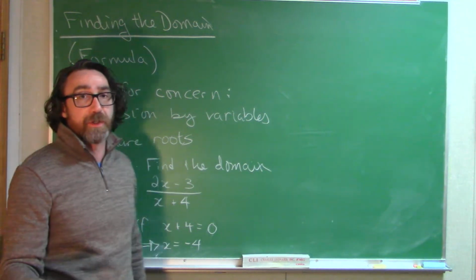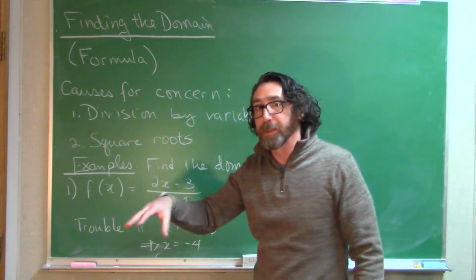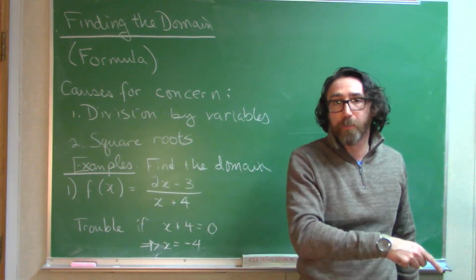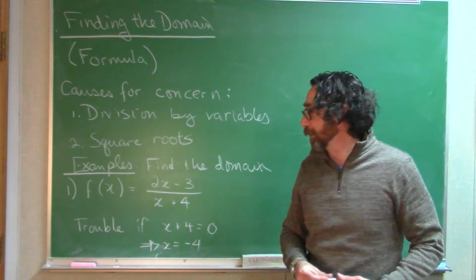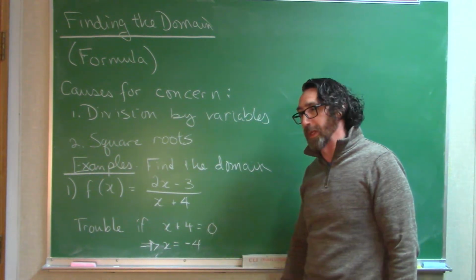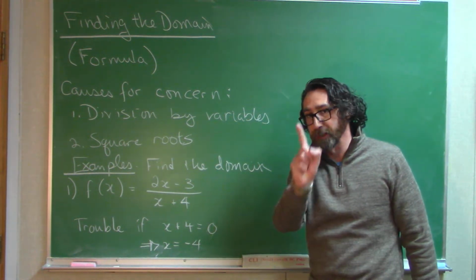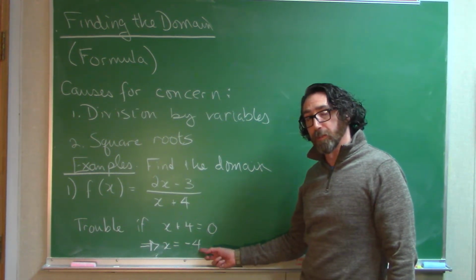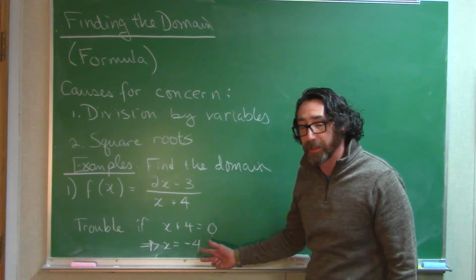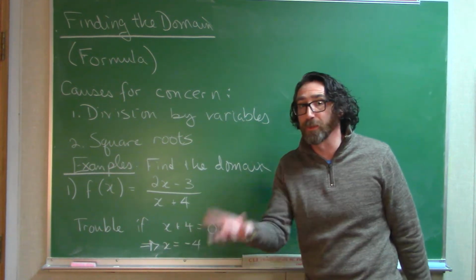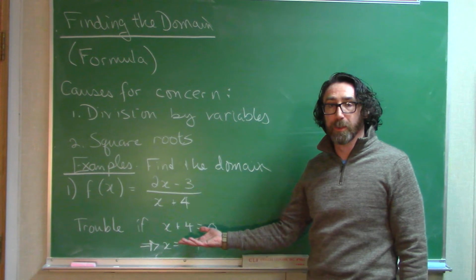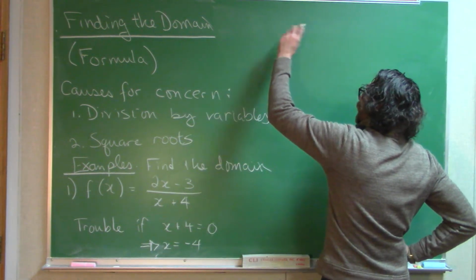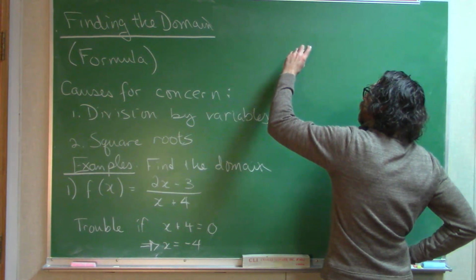And when you're dealing with a function, every element in the domain has to be associated with some output value. Everything in the domain has to be paired up with exactly one output value. And the x value, negative 4, can't be associated with any output value because we have to divide by 0, which is undefined. So the domain is everything except negative 4.